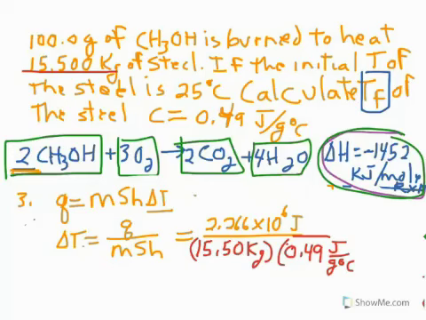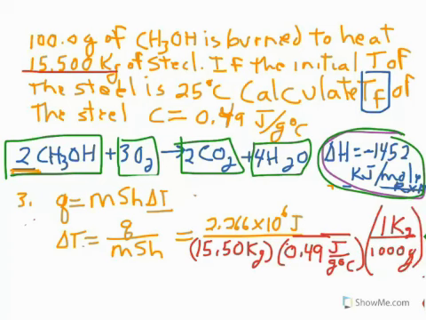And I have joules. I've got to get rid of my kilograms. They've got to cancel. 1 kilogram is 1,000 grams. So my grams cancel, my joules cancel, my kilograms cancel.